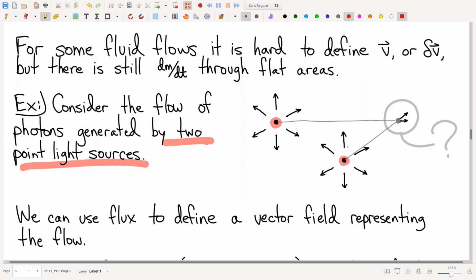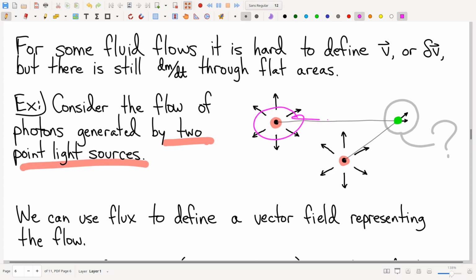How would I represent, if I had 2 point light sources, as in this picture here, that fluid flow? And the problem is, if I want to do so at, let's say, a point like this one right here, at that point, there's a couple of different velocities to keep in mind.